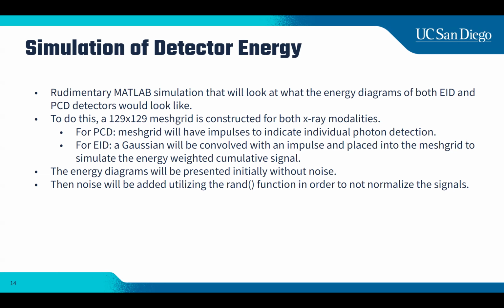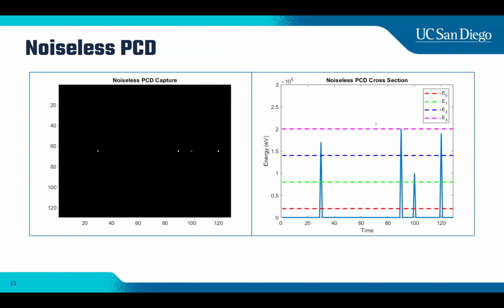This is mostly an educational simulation to show how noise is better dealt with in photon counting detectors. So this is just a noiseless incident of my photon counting detector. We can see on the left this mesh grid with 4 pulses across one detector at 65, so at the y-axis of 65, of different magnitudes.